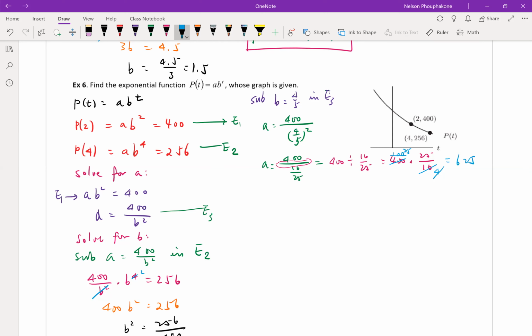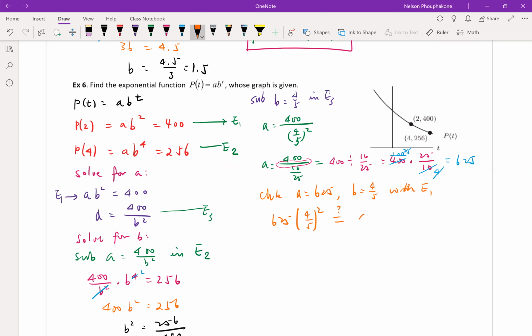Okay. And now you could actually check our solution. Check if A equal to 625 and B equal to 4/5. We check with equation 1, right? Then I will have, again, 625 times (4/5) squared.